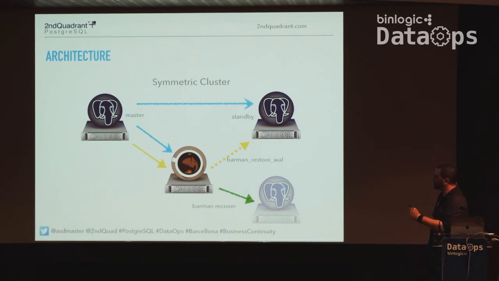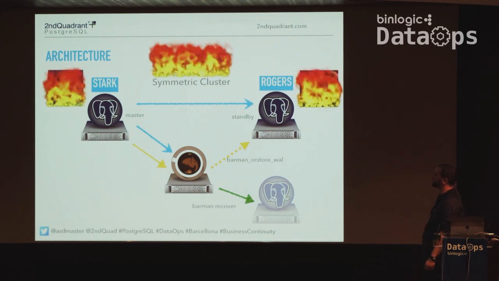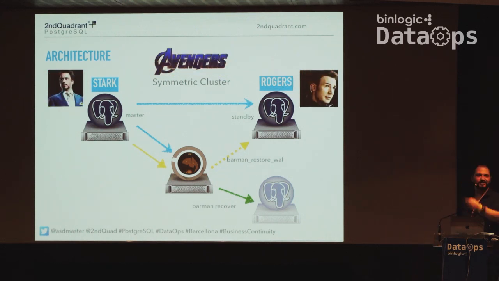If you stop considering master and standby, and you simply give names to your servers, you have a semantic cluster. I created, in this case, the Avengers, because it's cool. Okay, the Avengers semantic cluster, where the 2 servers can be master and standby, and can be switched.